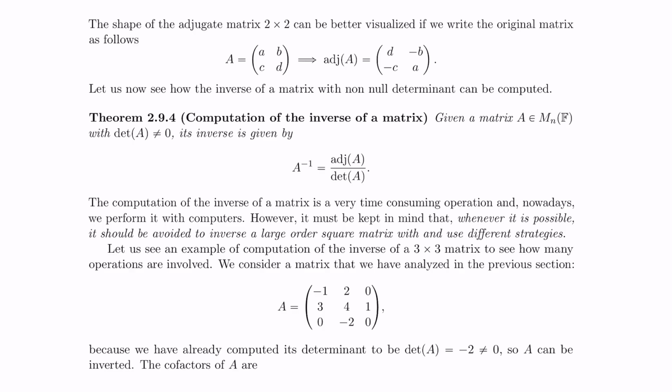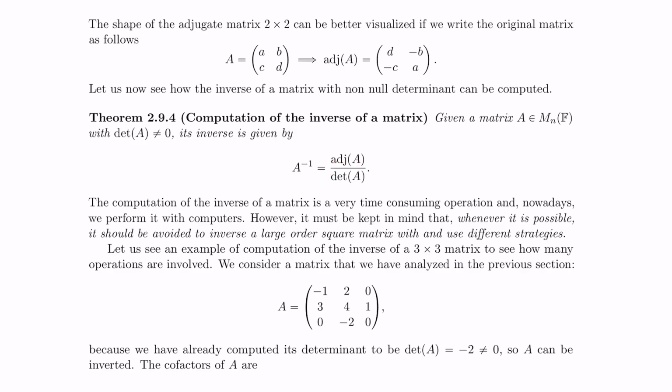Now, once you have found the adjugate of a matrix, the computation of its inverse is very easy. In fact, if you have an invertible matrix of order n, that is, its determinant is different than 0, the inverse of A is given by the adjugate of A divided by its determinant.